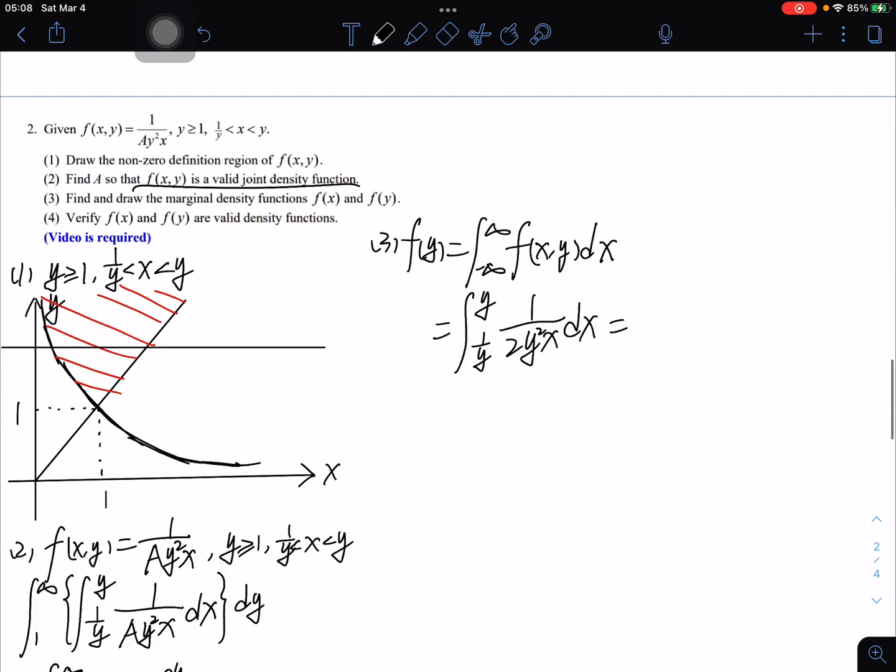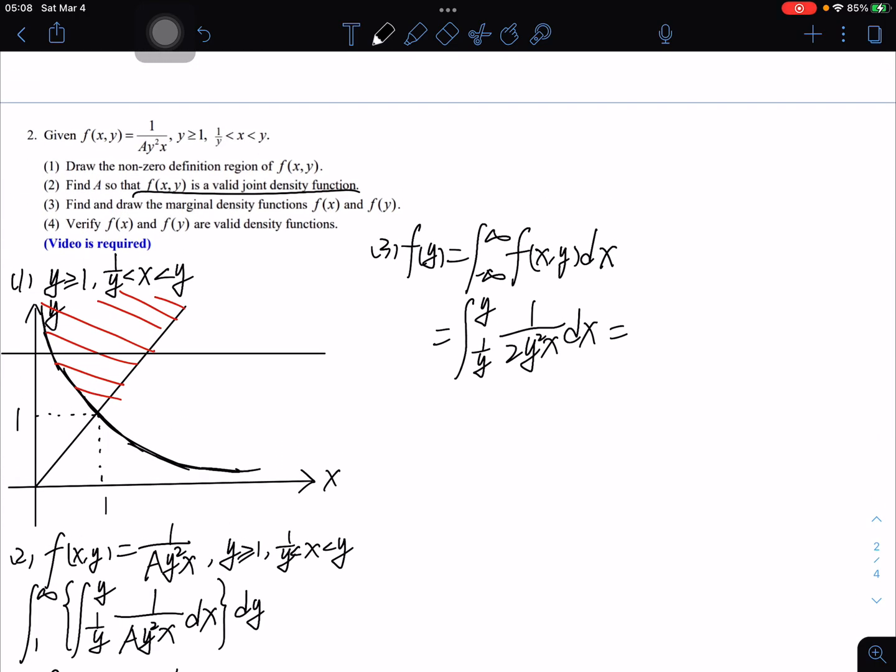We have solved this before. We can call the result directly. It is 2 y squared log y.